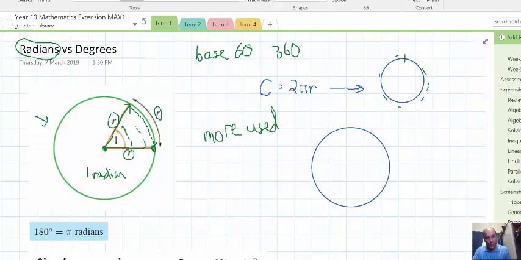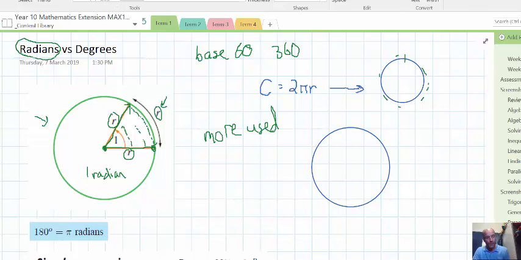So that's what 1 radian is. It's when the arc becomes equal to the radius of the circle. One radius arm stays steady and the other one rotates around, and we create 1 radian when the arc length on the outside also equals r.